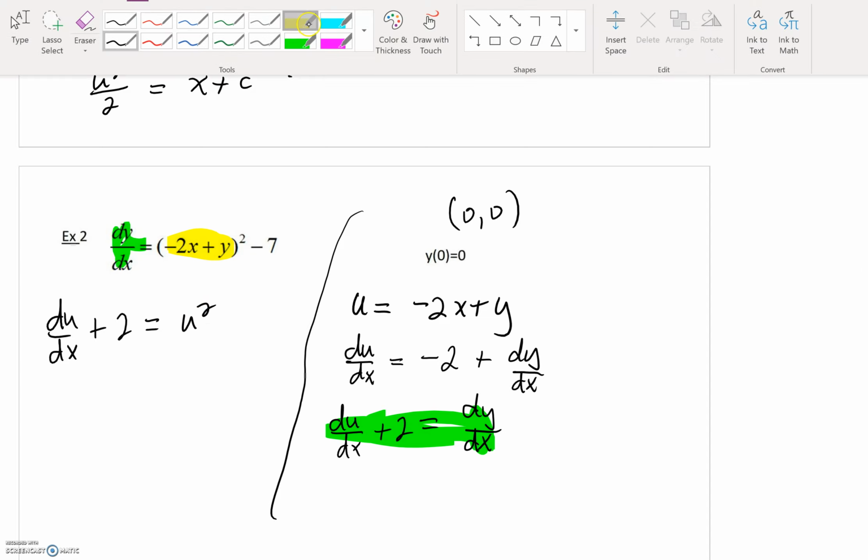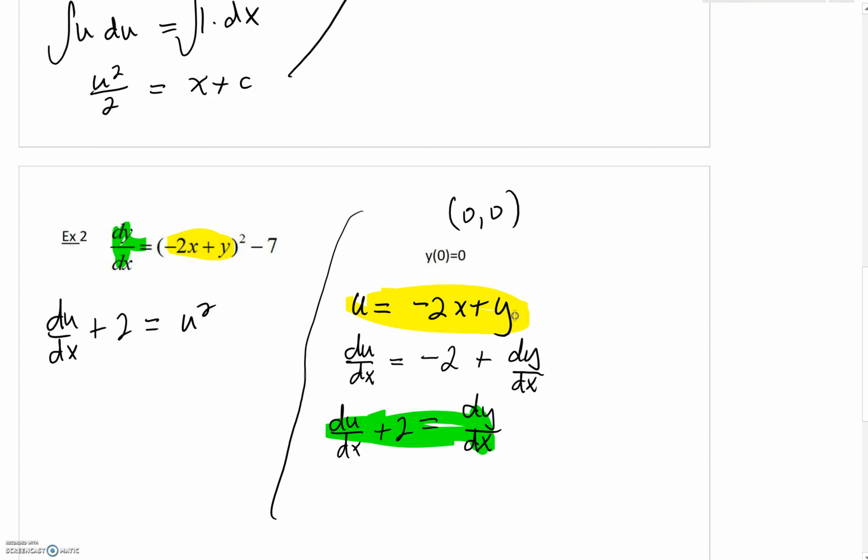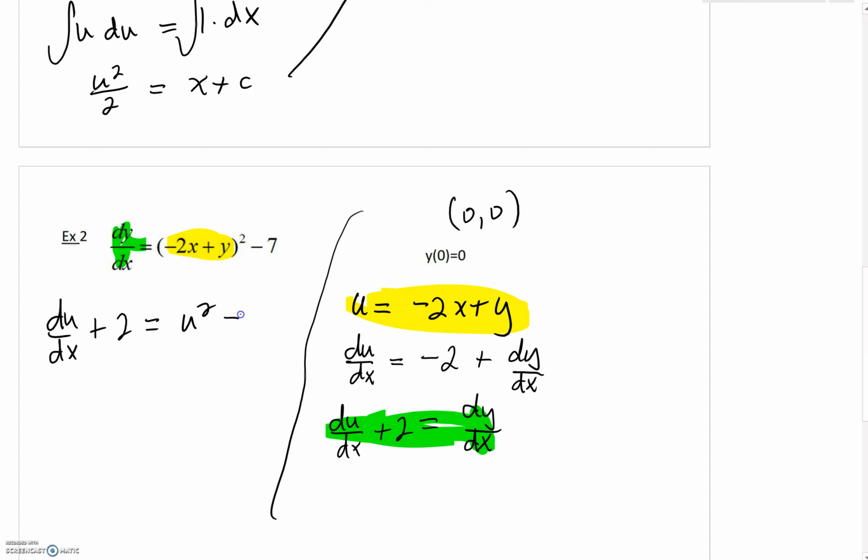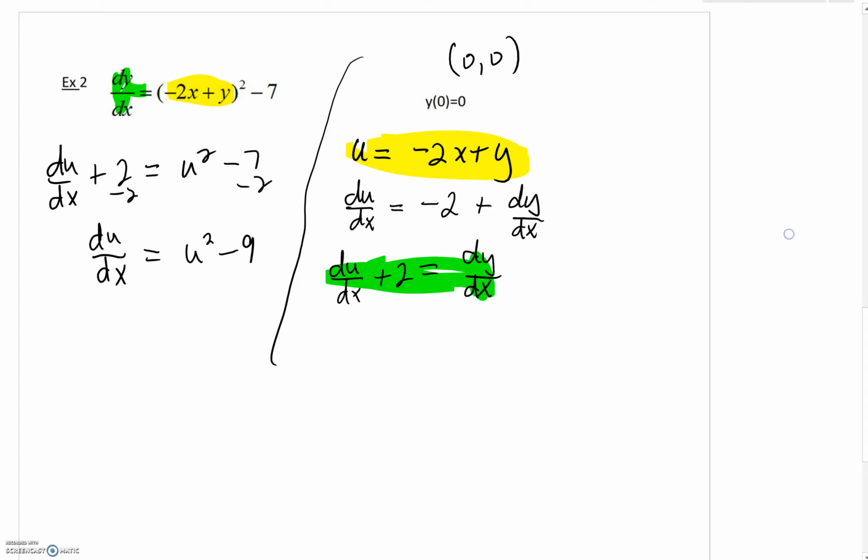Remember, that's the whole purpose for doing this. And we'd have a u squared minus 7. Now, at this point, it probably does not look very strange whatsoever. You can subtract a 2 from both sides. And, yeah, you've got a separable differential equation.